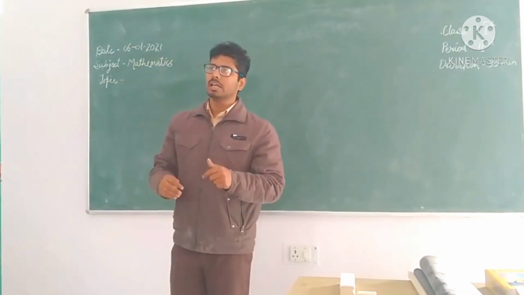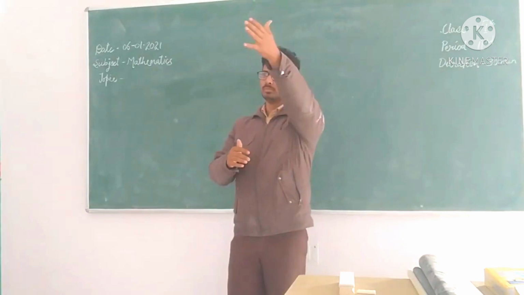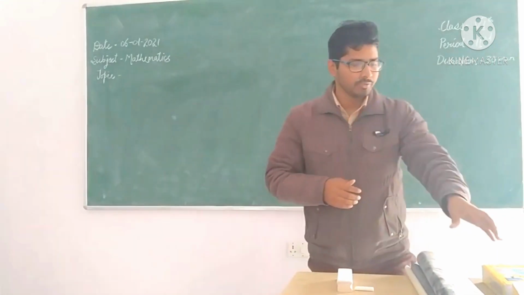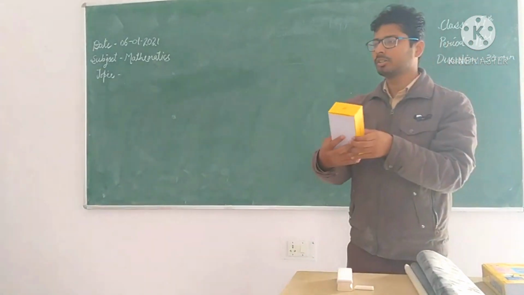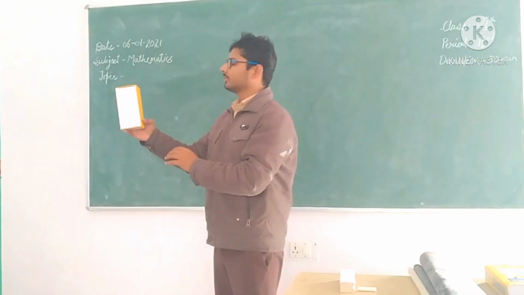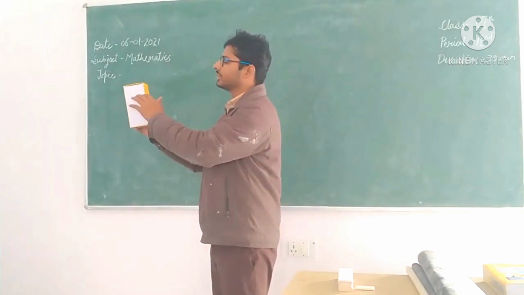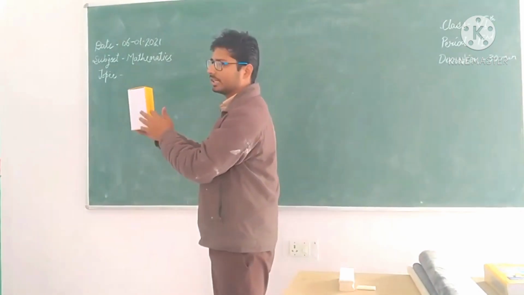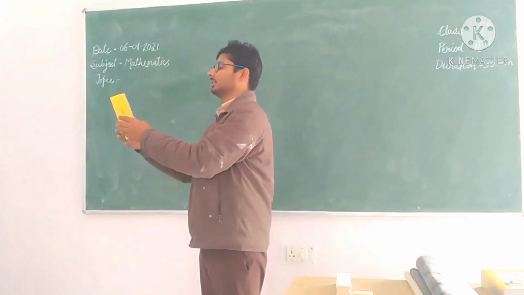Yes, sit down. The almirah, this room, you can also say that this room is of cuboidal shape. And I am giving some examples. See this box. This box is also of a cuboid shape. The face, you can see the face is a rectangle.